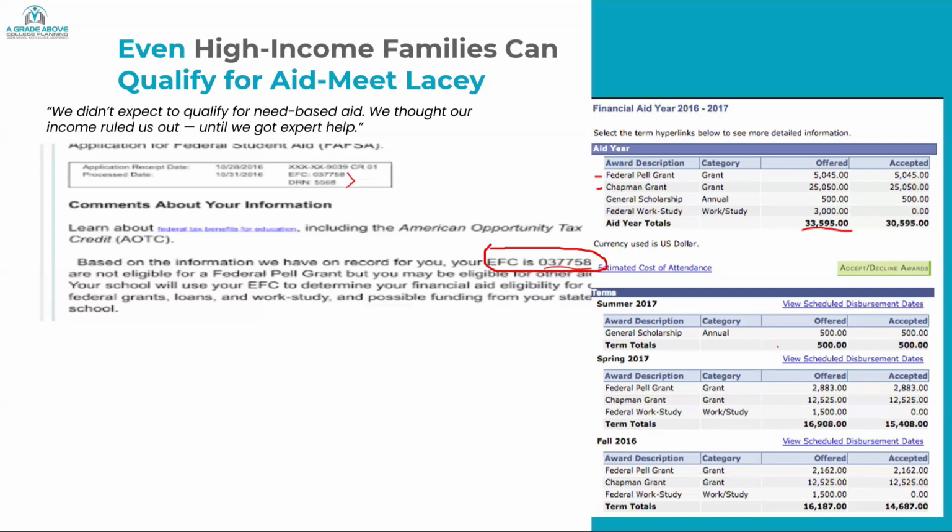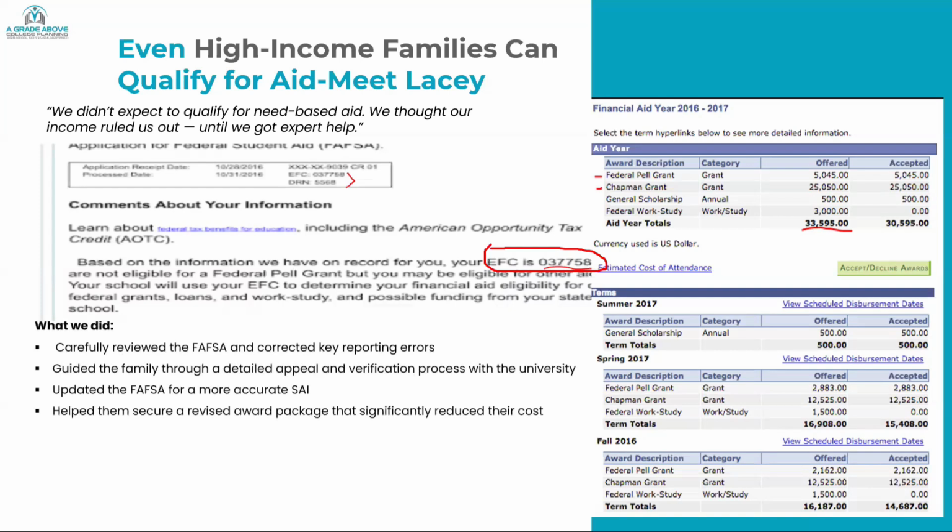She was able to get almost $34,000 in aid because they made some of those important changes to their financial information on the FAFSA, which made the student more aid eligible and put them in a much better situation. They saved about $20,000 a year while the student was attending Chapman University, which is pretty cool. The point is, even wealthy families have the opportunity to get financial aid. They just have to go about it the right way.